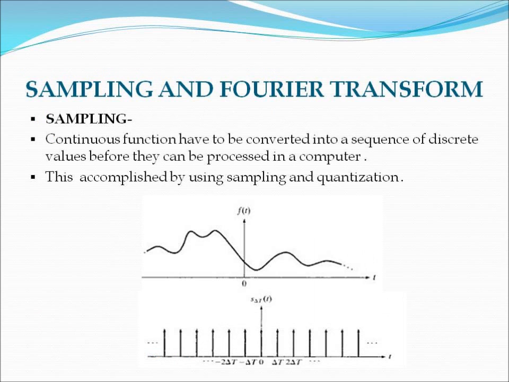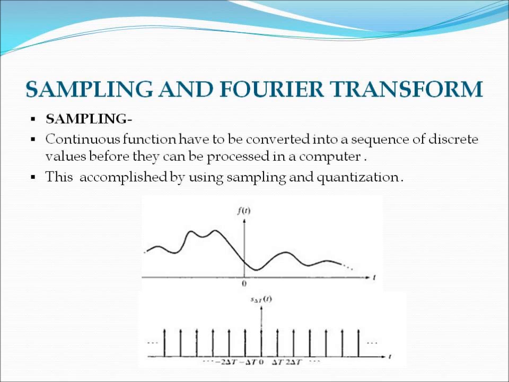What is sampling? A continuous function has to be converted into a sequence of discrete values before it can be processed in a computer. This is accomplished by using sampling and quantization. In a simple manner, sampling can be understood as taking the values of the function at regular intervals, say delta t.